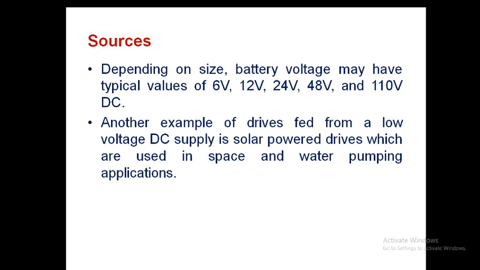In water pumping applications, nowadays you can find many in the agriculture field with solar powered water pumping systems. You can even find many research papers on this. Generally they place only a few panels near the water pumping motor, and they achieve this objective.